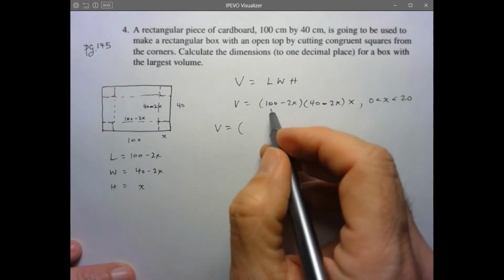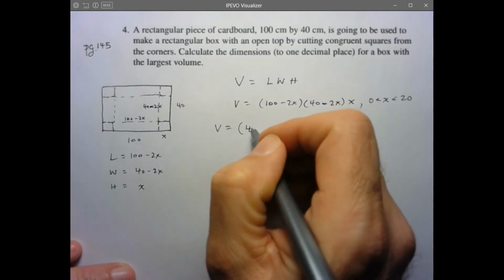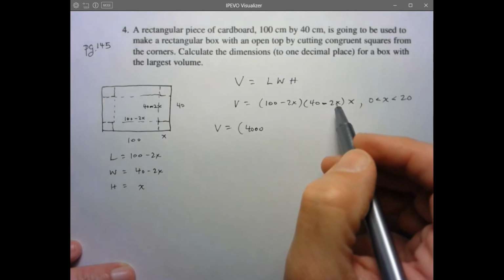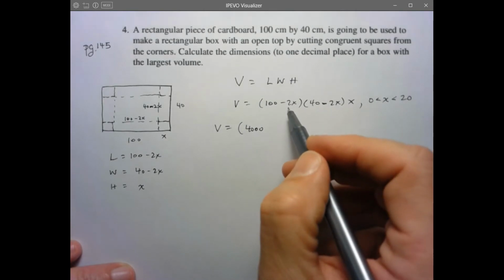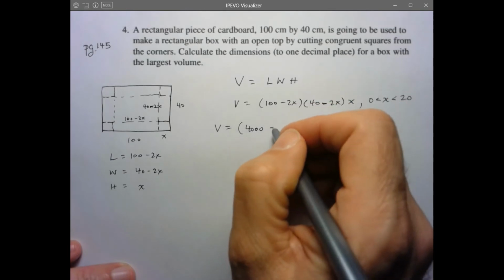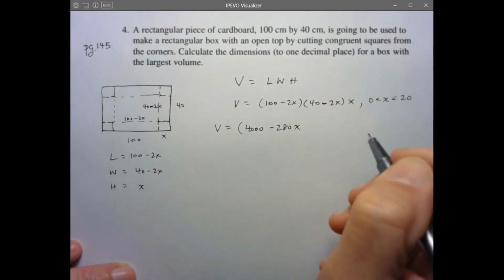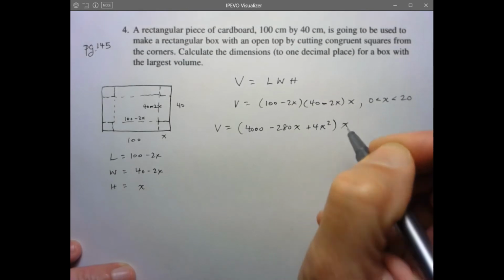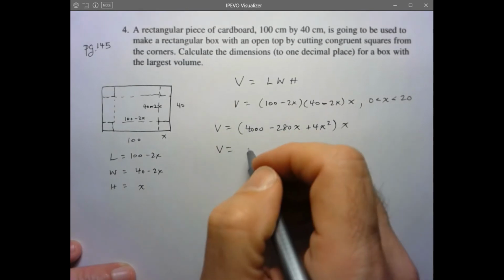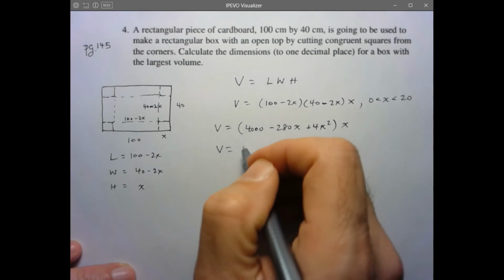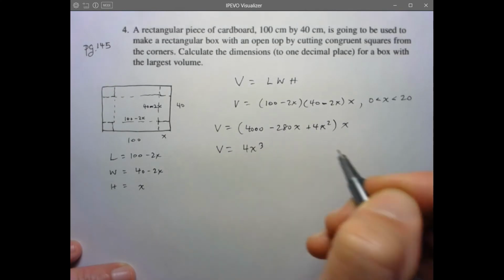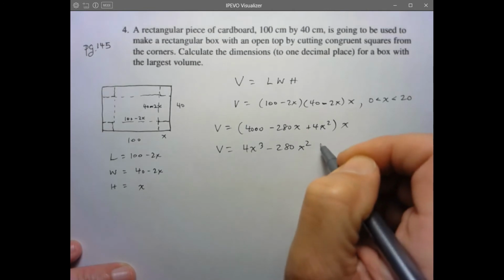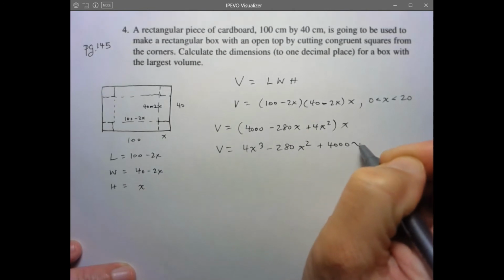Here we have 4,000, this is negative 200, and this is going to be minus 80, so minus 280x, and then plus 4x squared, times x. And then of course we'll clean this up here, so we'll say 4x cubed, minus 280x squared, and then plus 4,000x.